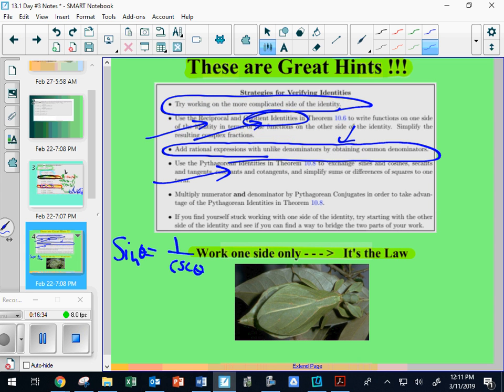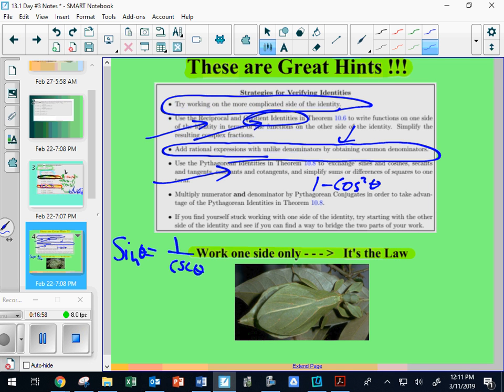We already talked about that. Let me give you an example of one. 1 minus cosine squared. You've got to be able to just right away, not have to look for a long time, find it on your sheet. It's something on the sheet except rearranged. What is it? One minus cosine squared. What is it?